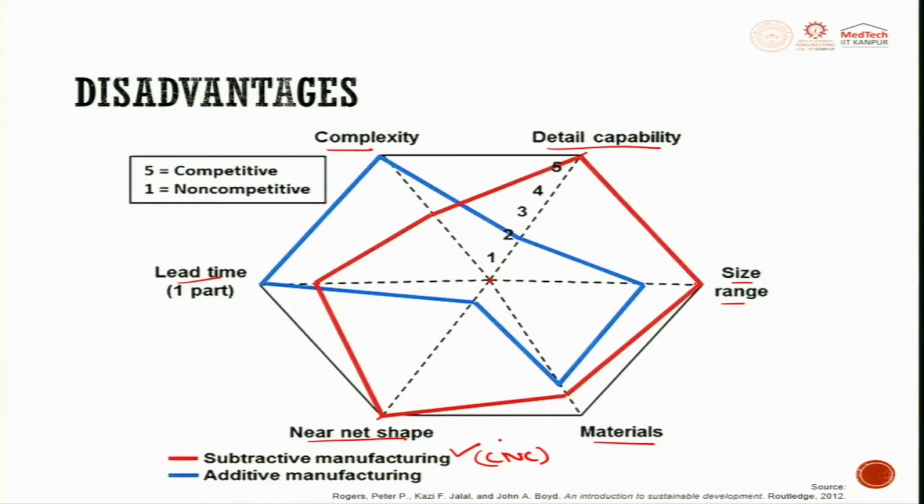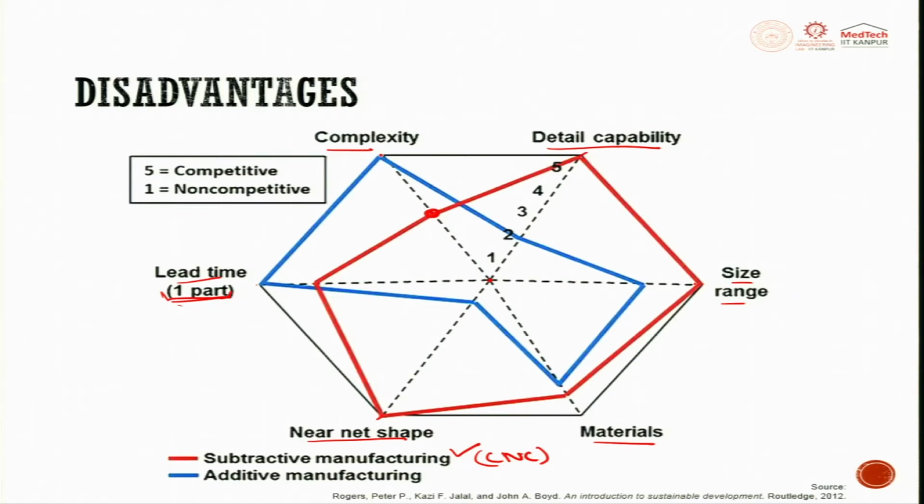Now additive manufacturing has benefits over lead time, that is, for a single part the lead time reduces, and the need for design of complex parts is addressed. In subtractive manufacturing, for complex parts we need specific setups and specific fixtures for manufacturing a component if it is to be redesigned.